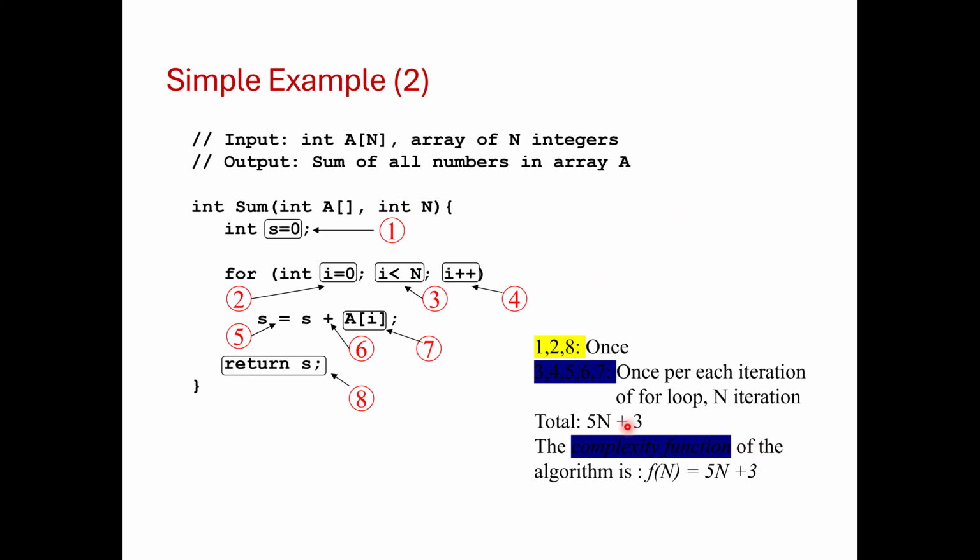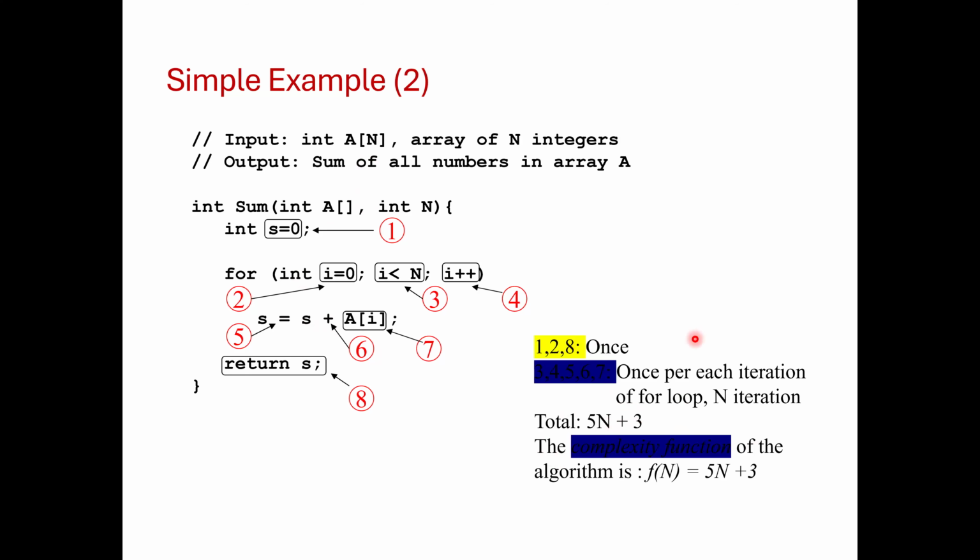So, the 5n plus 3 here is telling us some information about this algorithm. That there are 8 identified operations. 5 of them will be executed n times. 3 of them will be executed once. And so the total number of operations will be 5n plus 3.